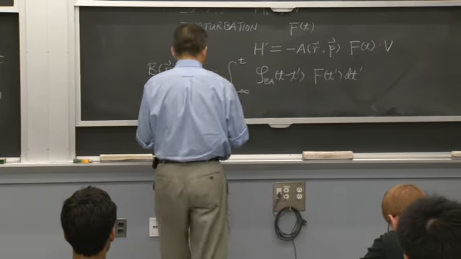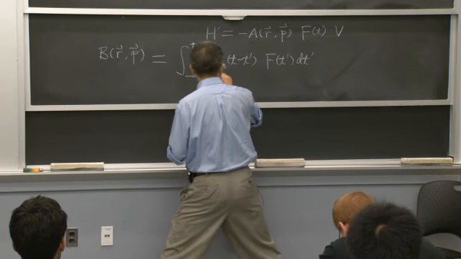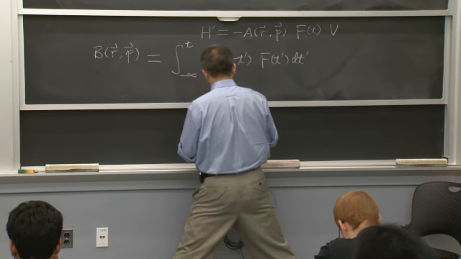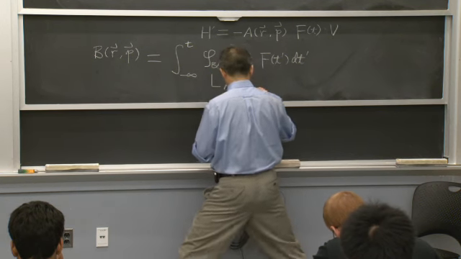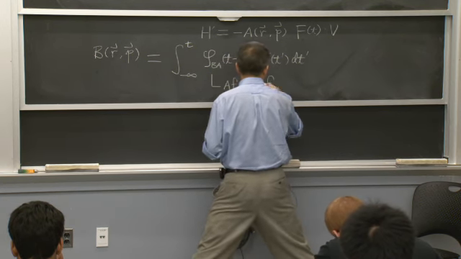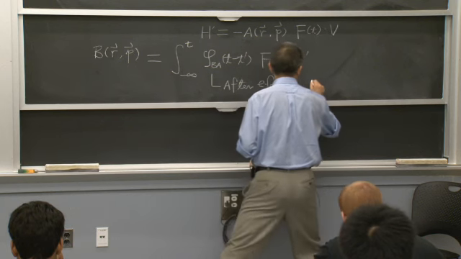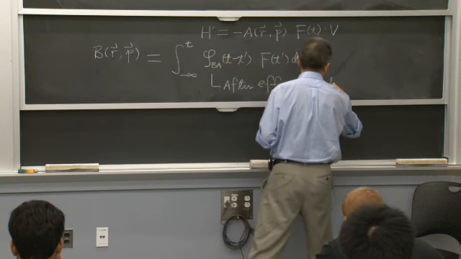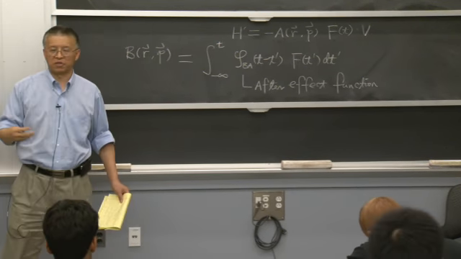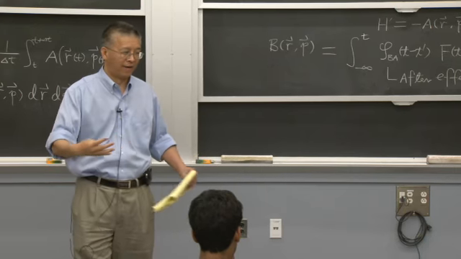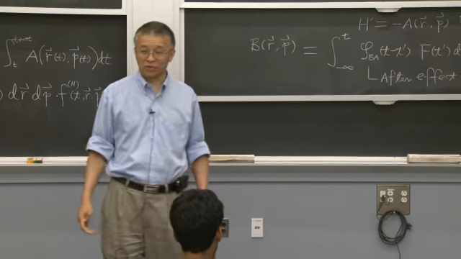So here, this phi BA is the after effect function. It generally describes what happens after applying a disturbance to the system, right?